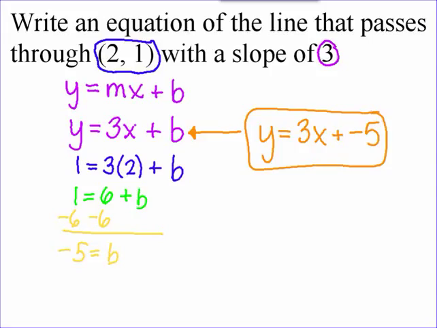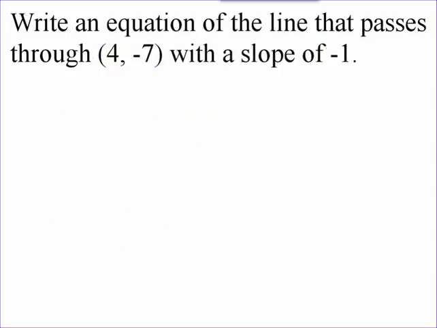Okay, so let's look at another one. Write an equation of the line that passes through (4, -7) with a slope of -1. What I want you to do is grab a sheet of scratch paper. Let's go. Start. You're going to start with y equals mx plus b.